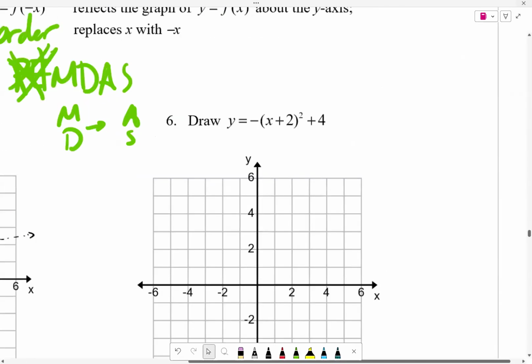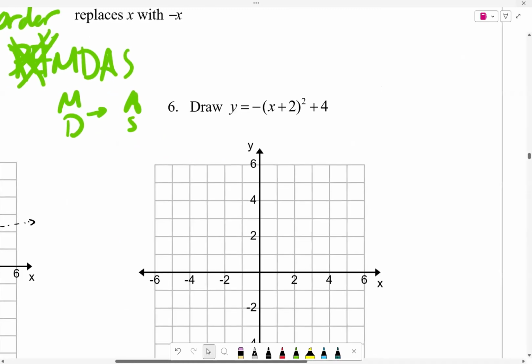So for number 6, should we do the exponent first? No, that's not part of it. The exponent tells us which parent function we're dealing with. Is there any sort of multiplication or division happening here?